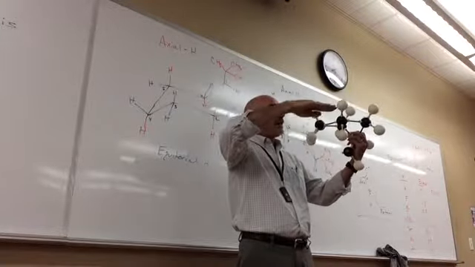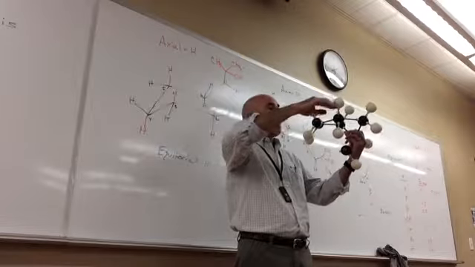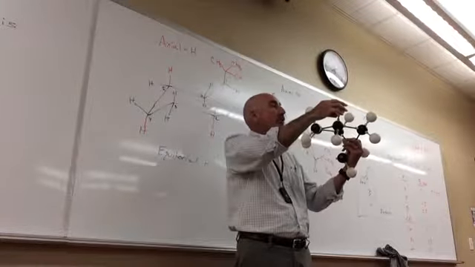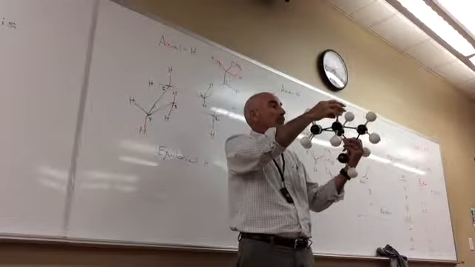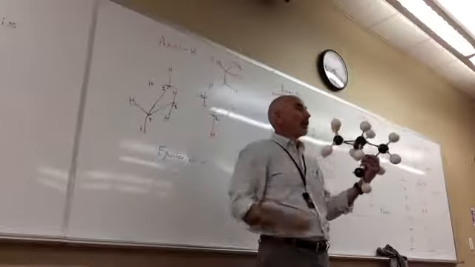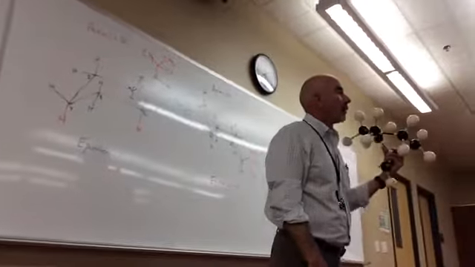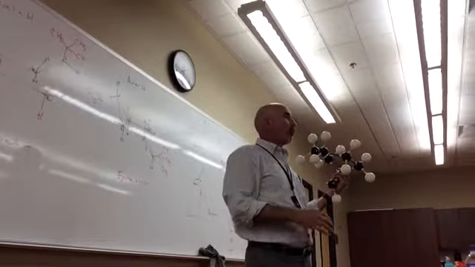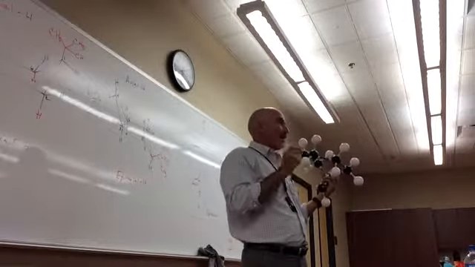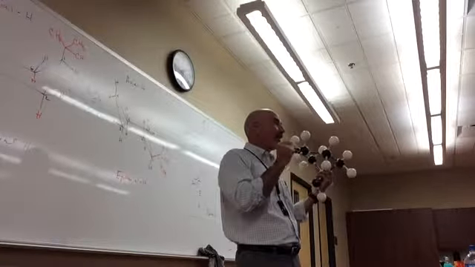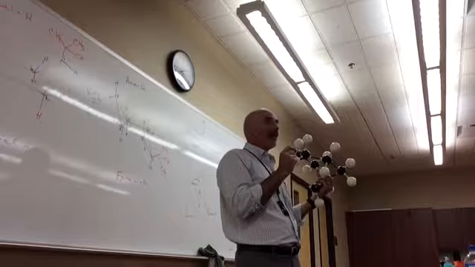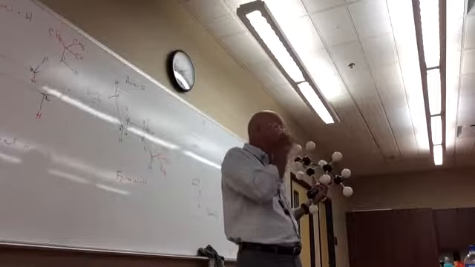And see how the plane cuts those in half, and this one's in the bottom and this one's in the top? So they would be trans as well. The ones that are on opposite sides of each other are trans, and the ones on the same plane are cis. However you want to work it out in your head. Because that is true, but that may not be the way it all works out in your head every time. And we're going to, but hold that.